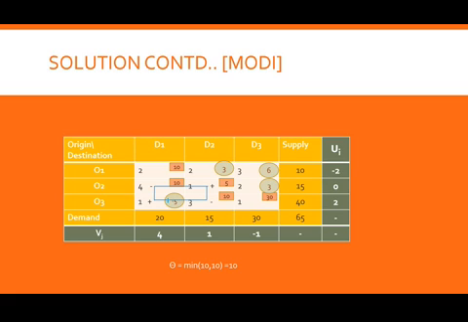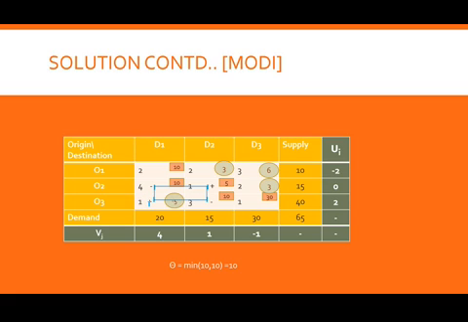So pick the most negative Eij position. That will be my first point, and using that construct a loop. So I take this as a continuation point. From here I will move to this particular place, and from here I will move to this place and back to the starting point. So a closed loop is obtained. Now wherever I have, alternating signs have to be put.